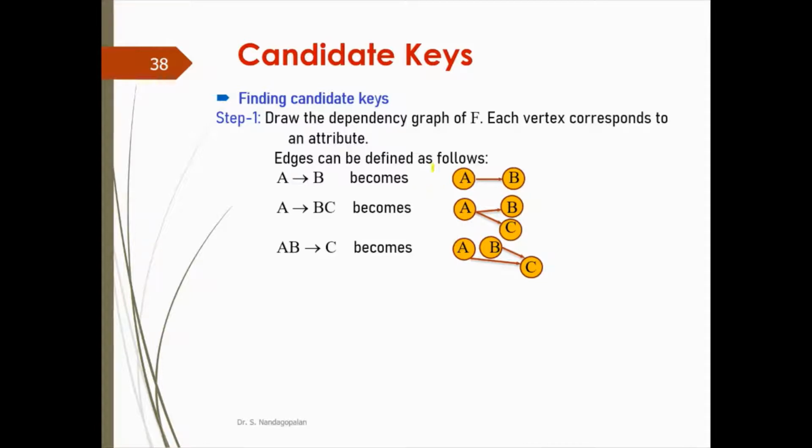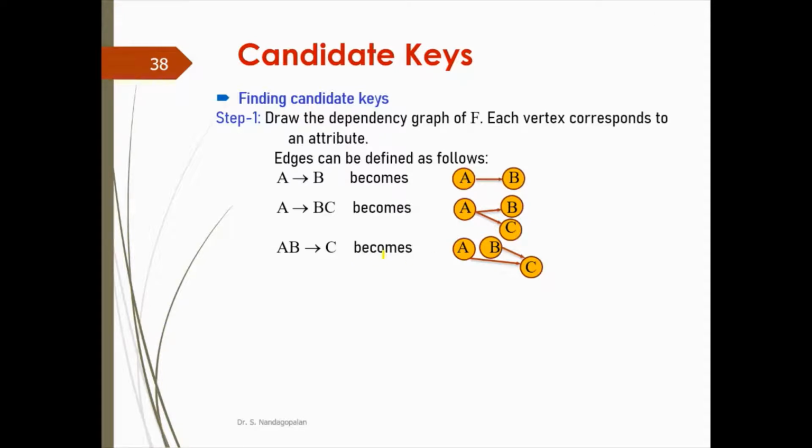Supposing I have 3 attributes given for R, I need to write 3 vertices, that is A, B, C. In this case, let's assume that we have an FD like A arrow B. What I write here is a directed edge from attribute A to attribute B. Supposing you have another FD, let's say A arrow BC, then I draw 2 directed edges emanating from A and incident on B and C vertices.